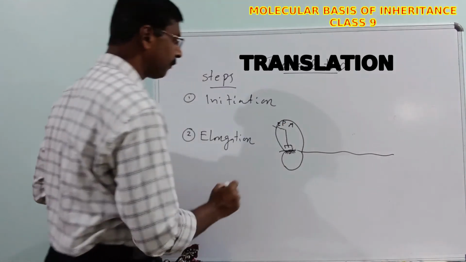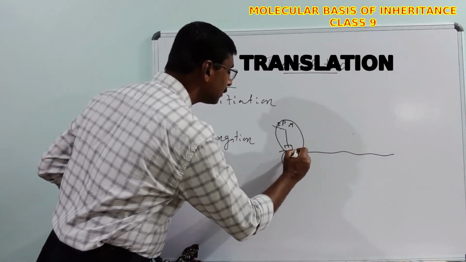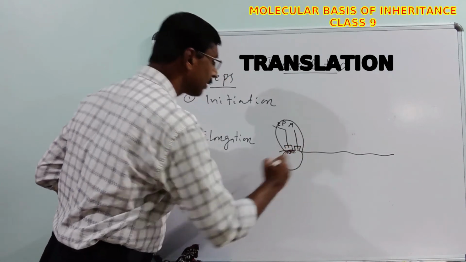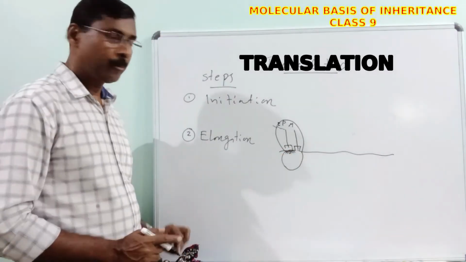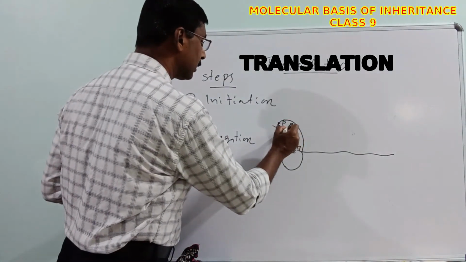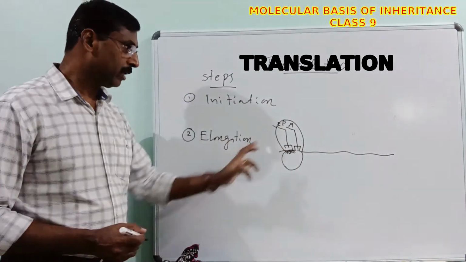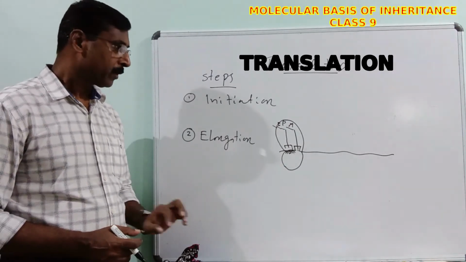And the second transfer RNA comes like this and gets attached with the messenger RNA, and it carries a second amino acid here. Now two amino acids are there, one in the P site and the other in the A site.